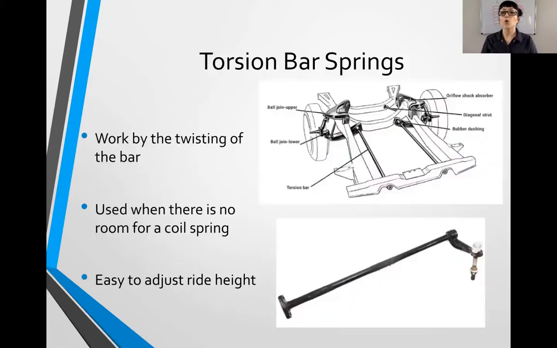Torsion springs, or torsion bar springs, they don't look like springs at all. If you're not familiar with these, you'll look under a car, and it's actually funny because I used to teach high school, and even in some of the classes, when we do the suspension inspection like we normally would in lab, people would look underneath the car on a torsion suspension and write NA for springs, or no springs.